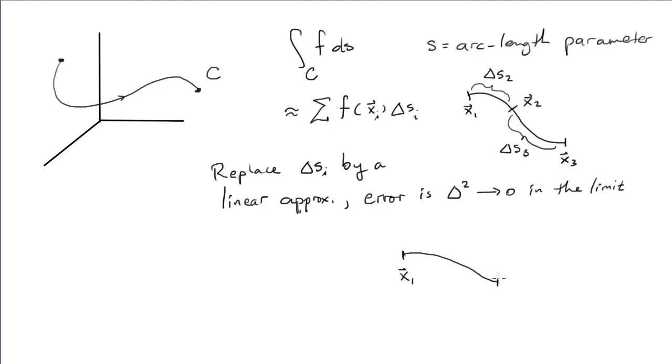So I've got one little chunk of curve from my partition. And I'll use the parameterization with another variable. I'll parameterize in t, for instance. So t1 and t2 go to the points x1 and x2.